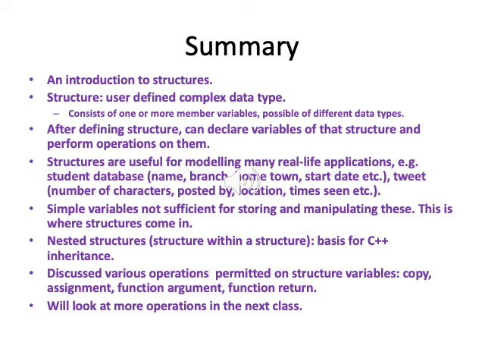We saw an example in which we have a rectangle structure, which is defined by diagonally opposite points. For each rectangle, we have 2 points which are the member variables, and each point is in itself a structure as well.